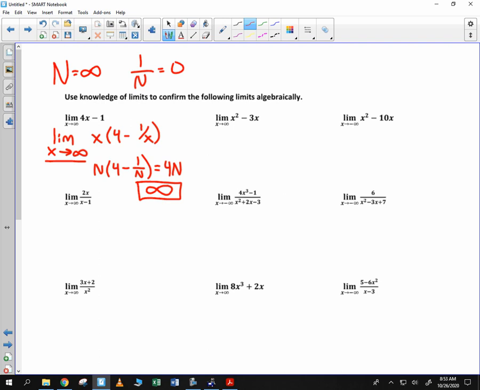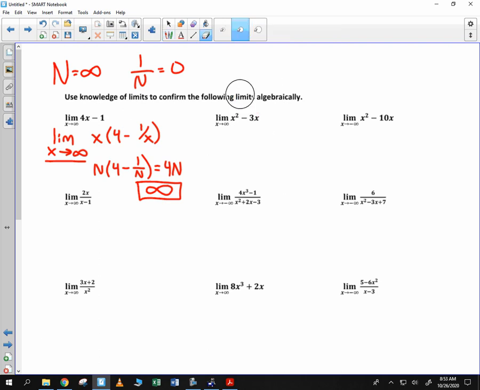Now, watch how this can be different for your second example. Again, if you were to just plug in a large number squared minus 3 times a large number, well, that would be like infinity minus infinity, which must be 0. This type of thought does not work very well, because the first term is getting larger much more quickly than the second term.